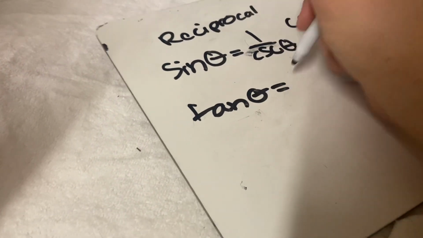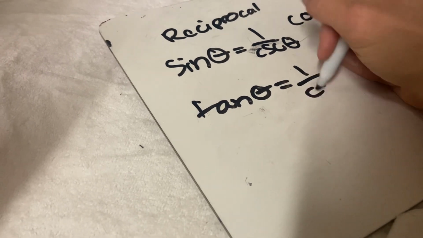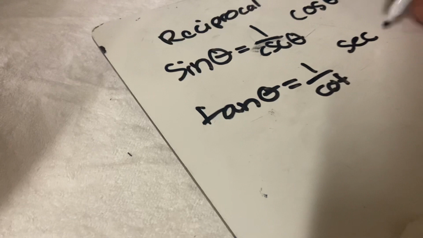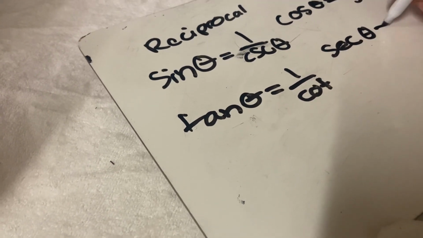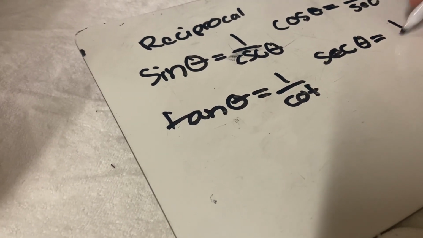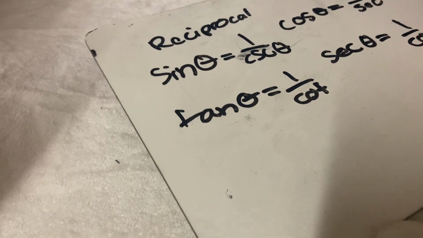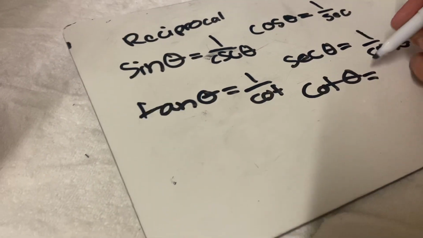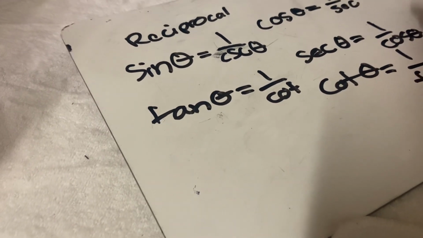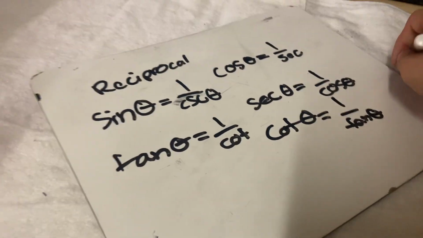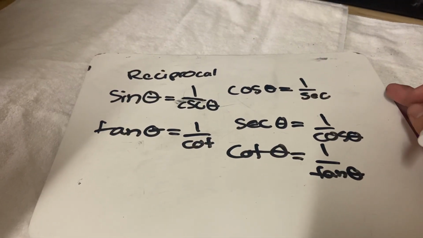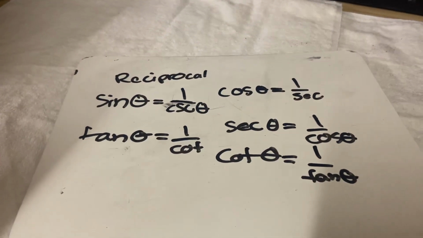And then tangent of theta would be 1 over cotangent. Secant theta would be 1 over cosine theta. And finally, cotangent theta would be 1 over tangent theta. So keep in mind, these are the formulas you would need to know if you want to find the reciprocal. Okay.